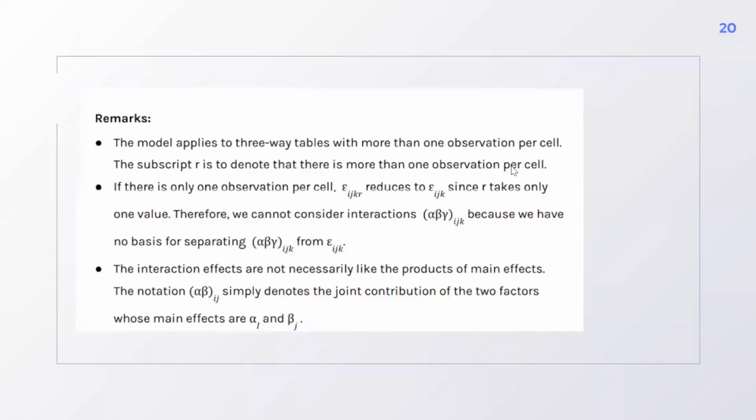Going back to the full effects model, remarks, if there is only one observation per cell, the error term ijk, the error term sub ijkR reduces to ijk kasi R is equal to 1 nga. There is only one observation per cell. Therefore, we cannot consider interaction effects, the three interaction effects of the three factors because we have no basis for separating this one and this one.